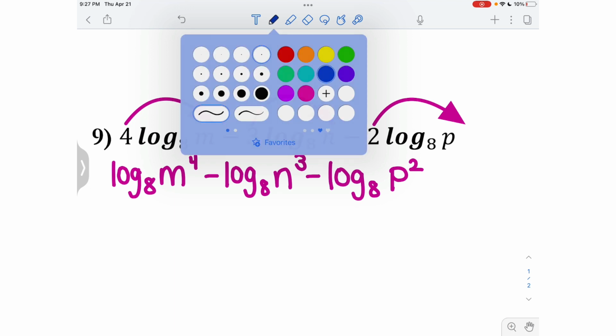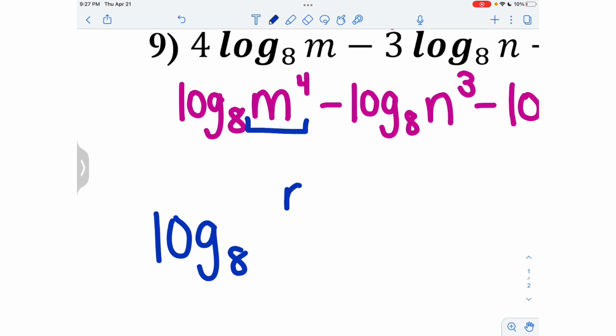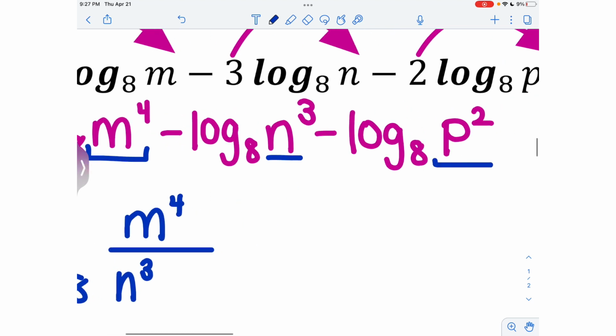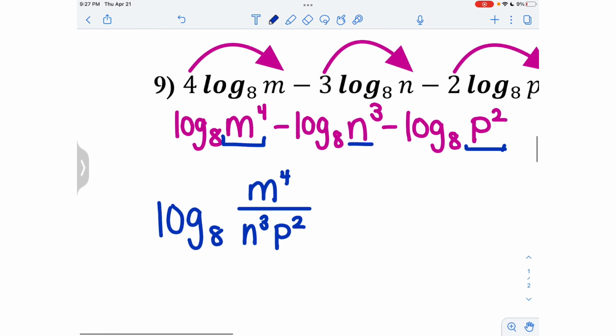So we end up condensing this into 1 log. The m to the 4th goes to the top, the n to the 3rd goes to the bottom, and the p to the 2nd goes to the bottom. And that's the answer.